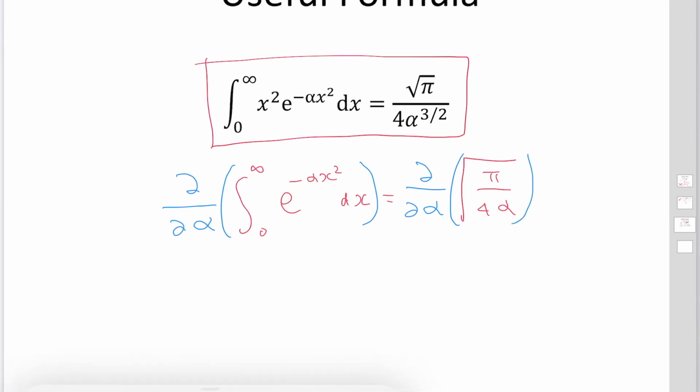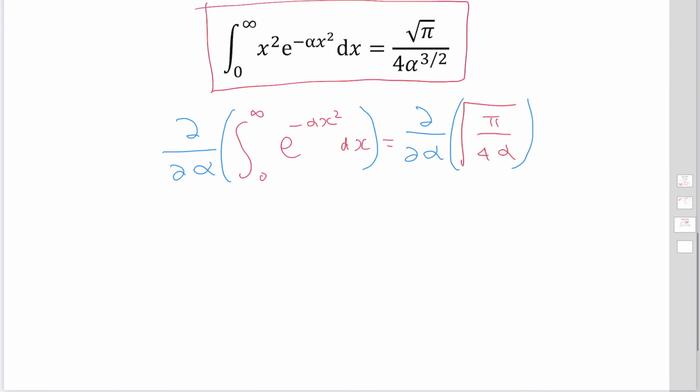The left side becomes the integral from 0 to infinity of minus x squared exponential minus alpha x squared dx.